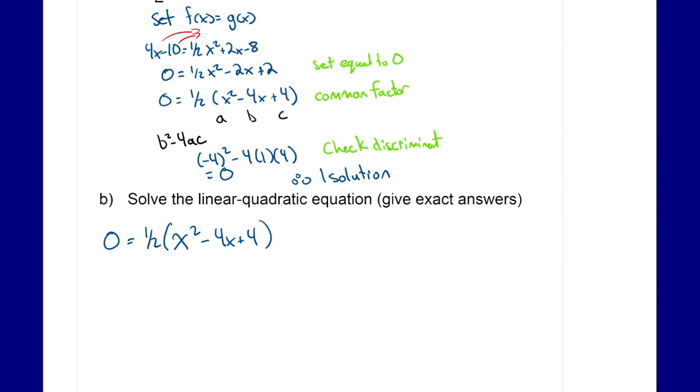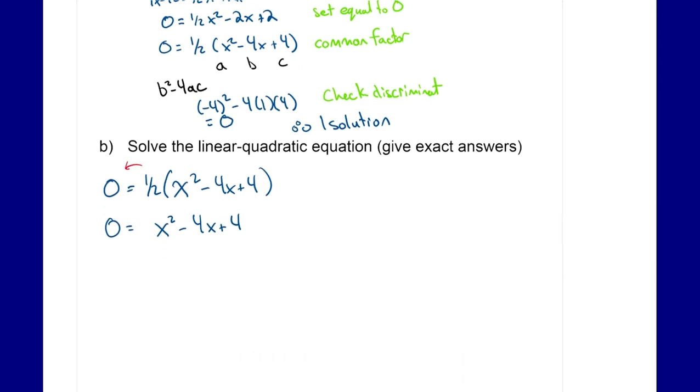I can get rid of this 1/2 realistically by moving it over to the other side, so I get 0 is equal to x squared minus 4x plus 4. Again, realistically, it's not going to do much. It's not really of any use when we're factoring or using the quadratic formula. It would be helpful if we wanted this equation in factored form, but we're not looking at converting the forms.